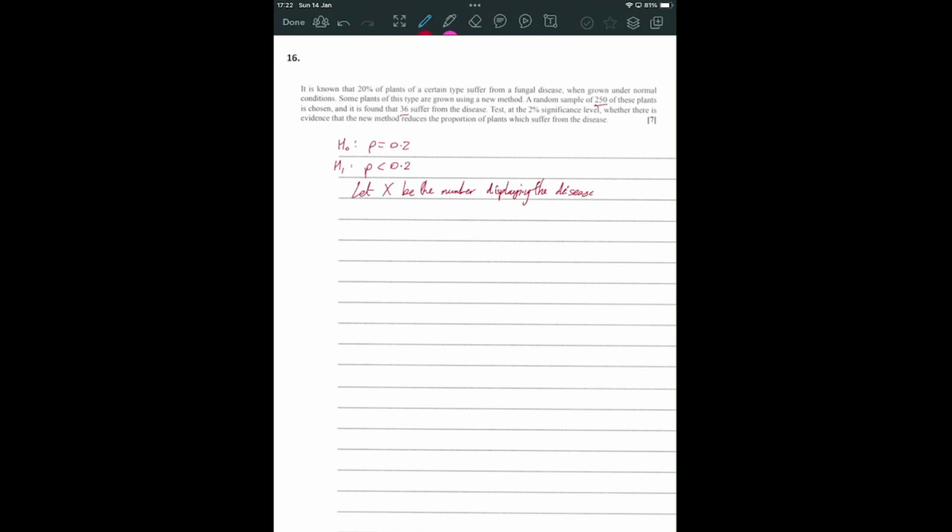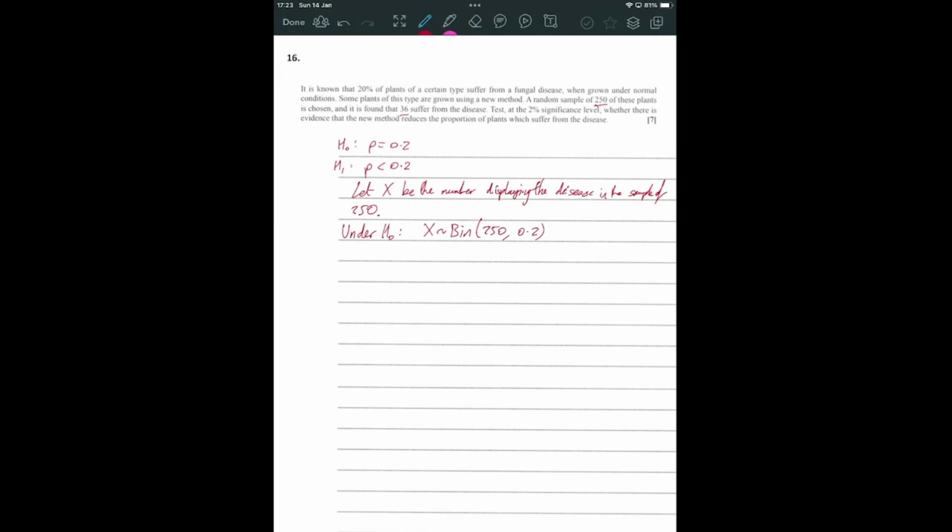Displaying the disease in the sample of 250. So I've defined X to be counting exactly the thing that we care about. So under H0, X is going to have the distribution, well, it's 250 samples, and H0 is telling me that p is 0.2.